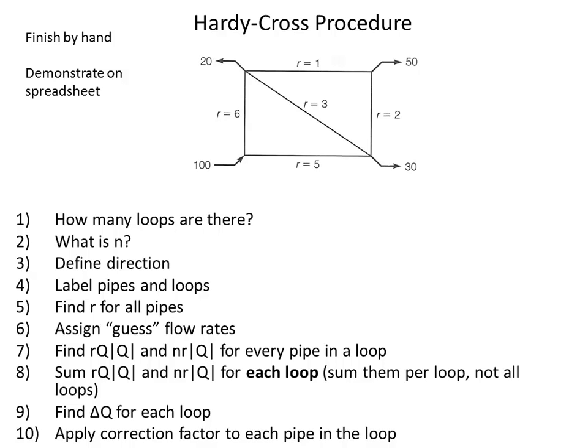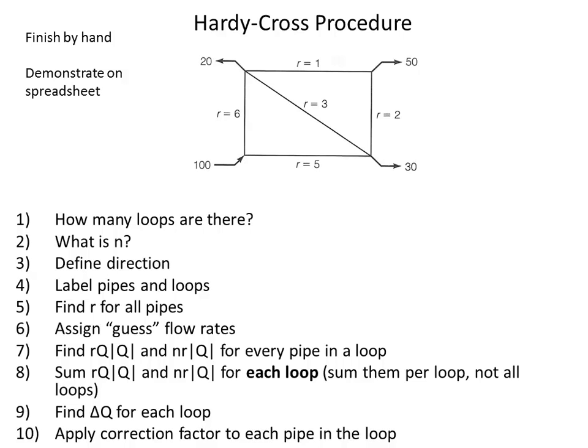Iteration, loop, pipe, n, R, Q, R times Q times absolute value of Q, n, R, absolute value of Q, delta Q, and corrected Q. Iteration 1, loop 1, pipes, we've got 1-4, 1-3, and 3-4.